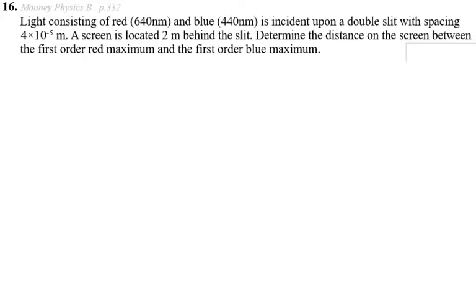A screen is located 2 meters behind the slit. Determine the distance on the screen between the first order red maximum and the first order blue maximum. So I'm going to calculate the first order red and first order blue, and then I'm going to subtract both of them, subtract their lengths.